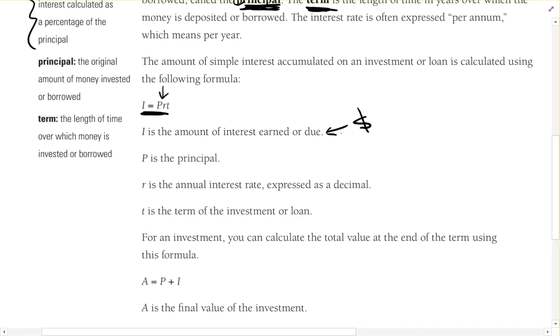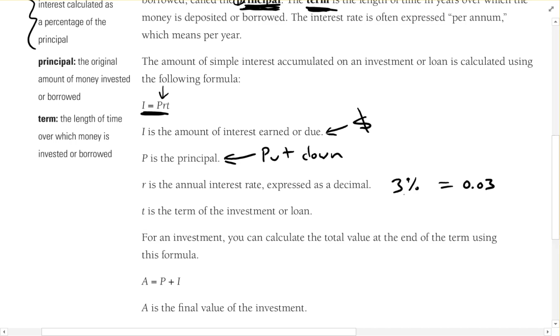Okay, P is the principal. Remember that that's like put down. That's how much money you put down into it, or borrowed, or whatever. That's the original amount. R is the annual interest rate expressed as a decimal. So if we had something like 3%, remember how we write a percent as a decimal? That would be 0.03.